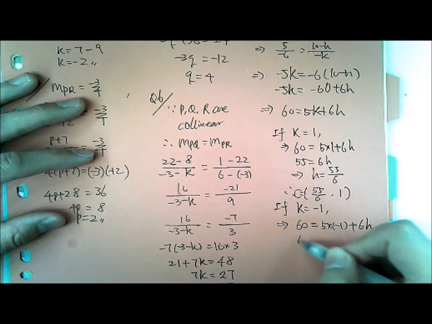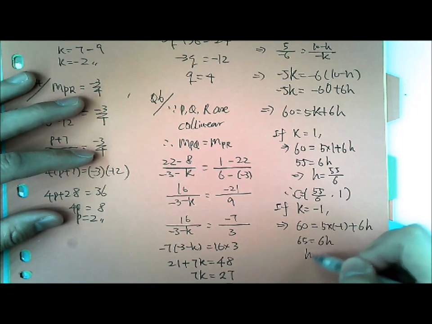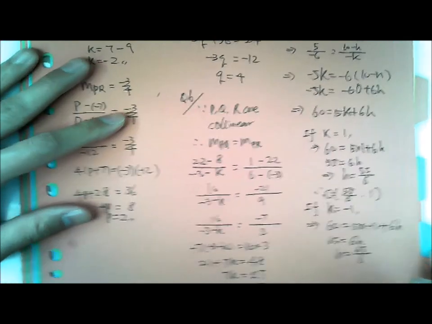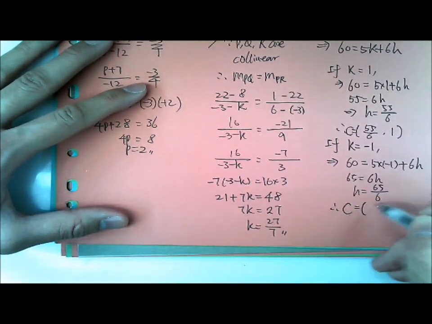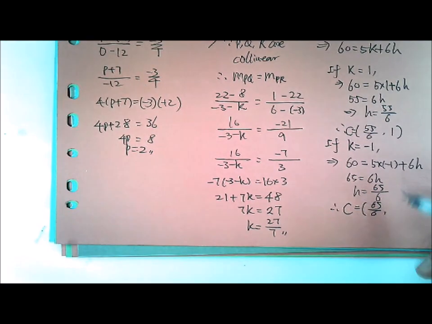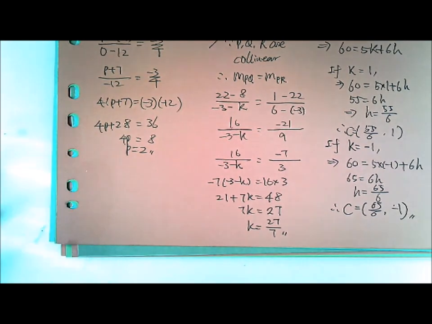Go to this side, become 65 divided by 6, both sides. You can find an h. So the second possible value of the coordinates of C will be this. Understand? So this is question 8.